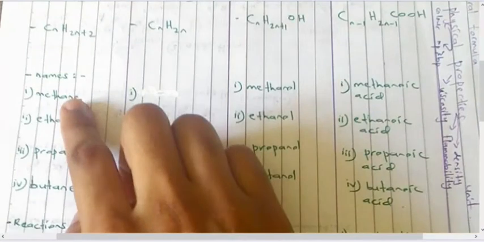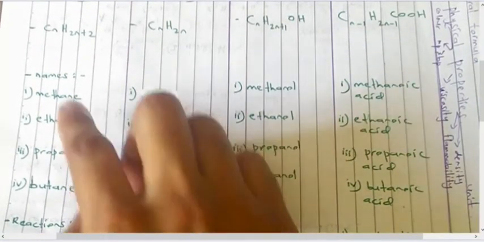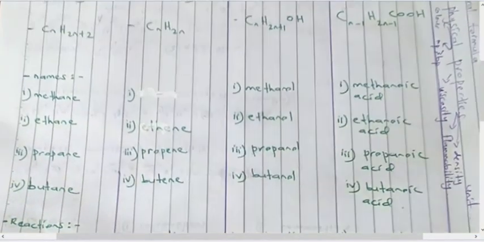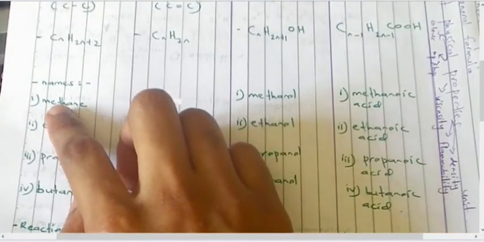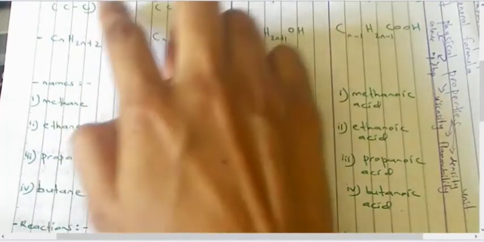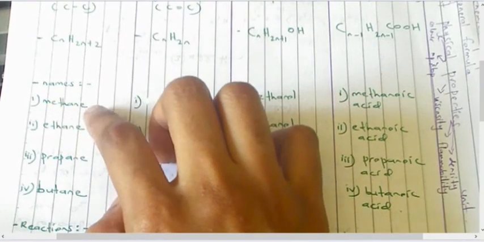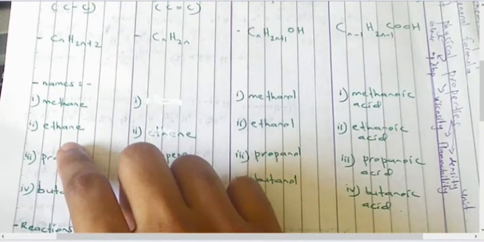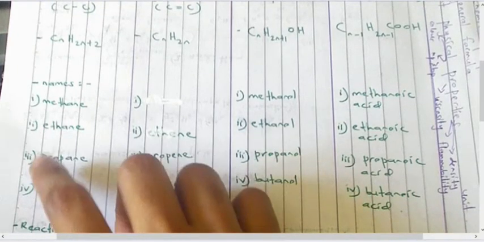If the organic compound has 1 carbon, we start with the prefix meth. Since it's alkane, we end with -ane, so methane. If we have 2 carbons, we call it ethane. If we have 3 carbons, propane, and 4, butane.